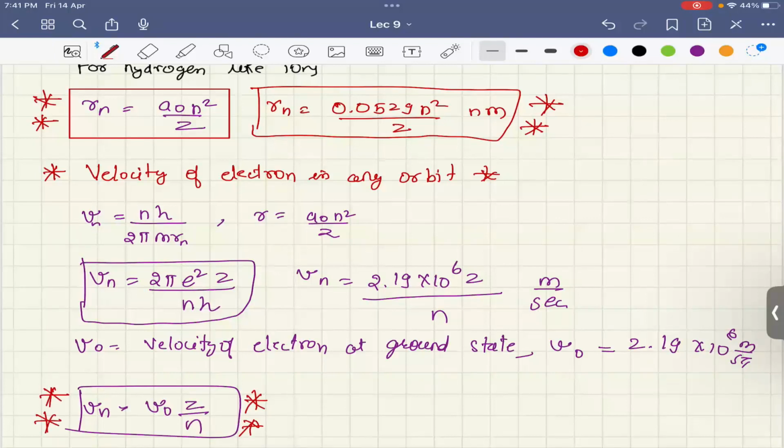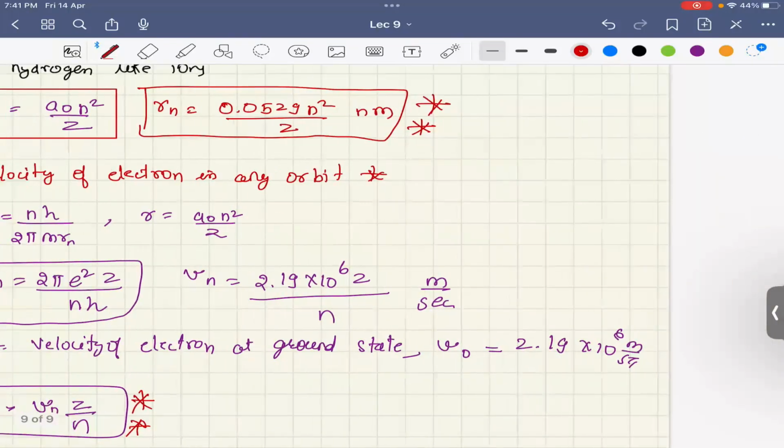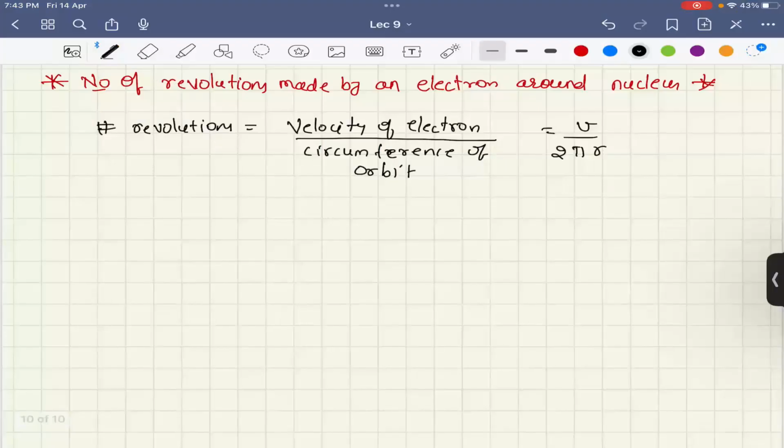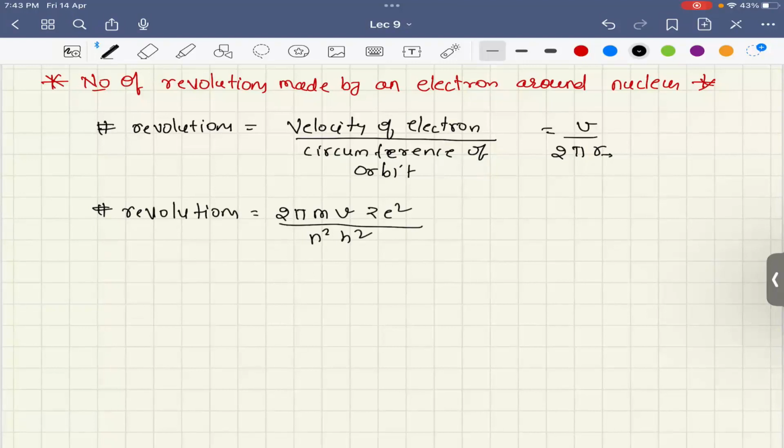Then further, if you want to calculate the number of revolutions made by an electron around the nucleus, the number of revolutions comes out to be v by 2 pi r, and when we substitute the value of r, which we calculated, it comes out to be 2 pi m v Z square by n square h square, right?